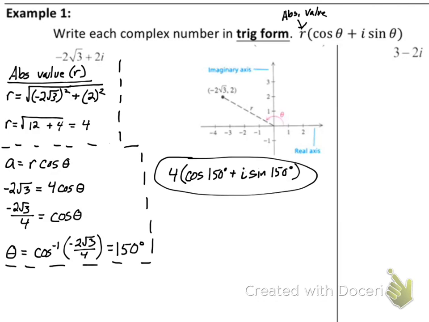That is the trig form of it. So going from rectangular to trig, find r, find theta, just plug it in. Any questions on any one of those steps? Like I said, you can just fall back on finding this triangle, find that angle, add it to 90, and it's going to come to the same exact answer.